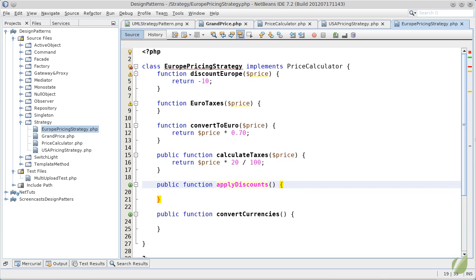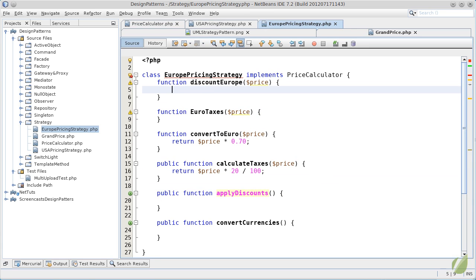The apply discount would be returning the -10 from the discount Europe, and we should just call it a negative discount, so that it is clear that we add this value to our price. In the real world, this value could be different, not just a returning line, based on price.